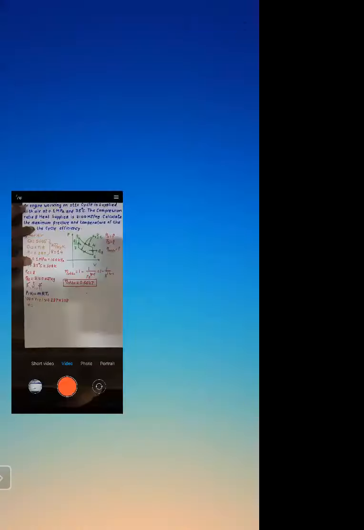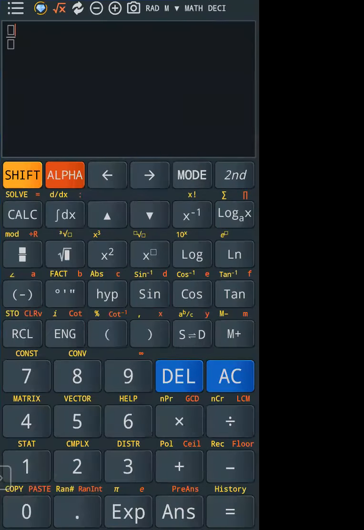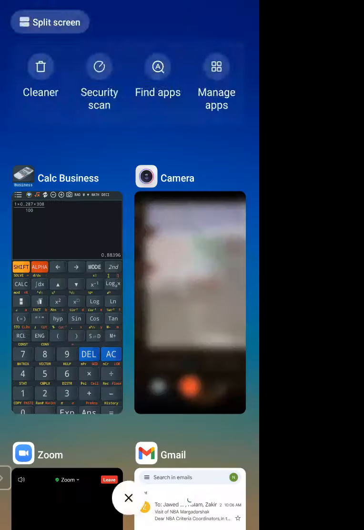V1 is given by 1 into 0.287 into 308 divided by 100. This is how we get the volume. It is 0.884, approximately. This is the value of V1 I got.